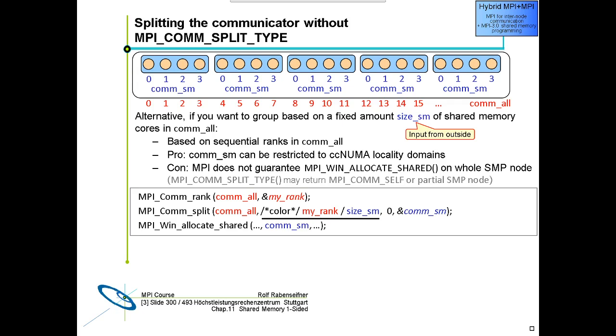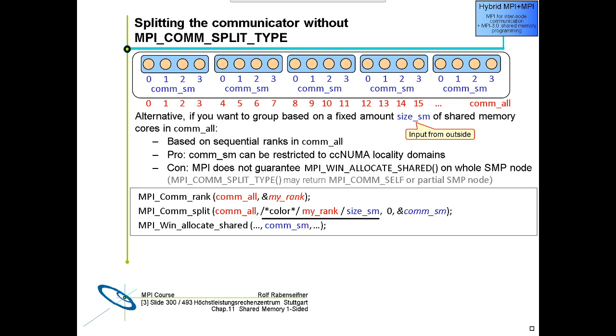We are seeing that this function is creating the shared memory communicators, but we actually can use the normal MPI_Comm_split and, by determining the correct coloring, the correct tag for the split, we obtain the real distribution that we intend to have in the case of shared memory islands.